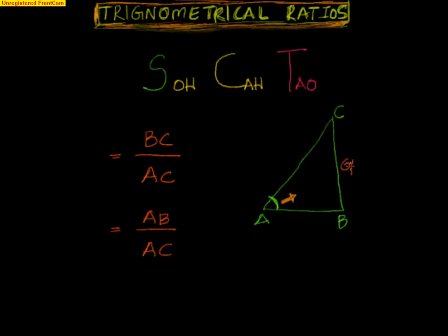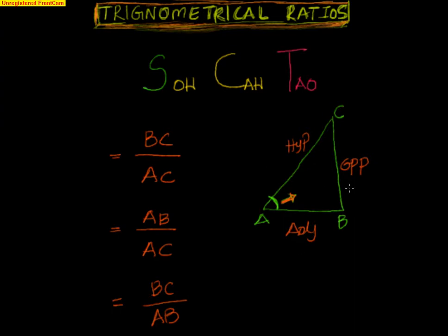I'll write it here: this is opposite, this is adjacent, and this is hypotenuse. Suppose I want opposite by adjacent, that is nothing but BC divided by AB. Let me repeat it. These are the different relations which I want to acquire.